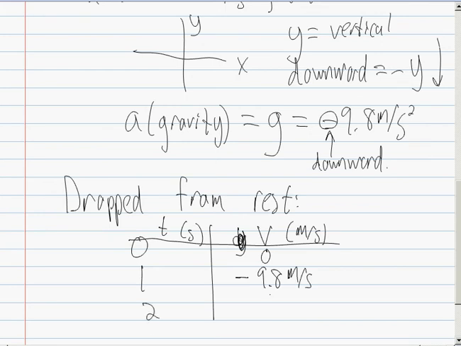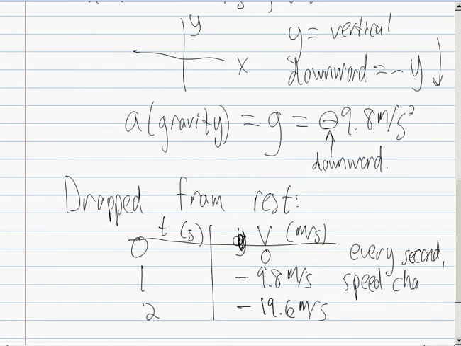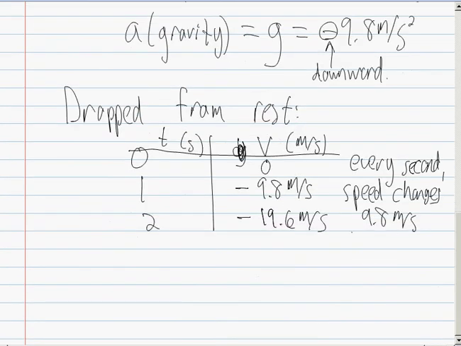After 2 seconds, we're at negative 19.6 meters per second. All it means is that every second our speed changes 9.8 meters per second. In this case, it increases.